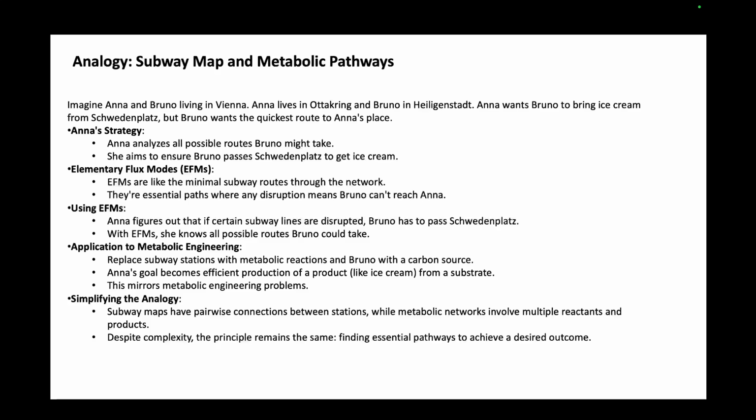The analogy stands very nicely. If you simplify it, subway maps have pairwise connections between stations, while metabolic networks involve multiple reactants and products. But despite the complexity, the principle remains the same: find essential pathways to achieve a desired outcome.